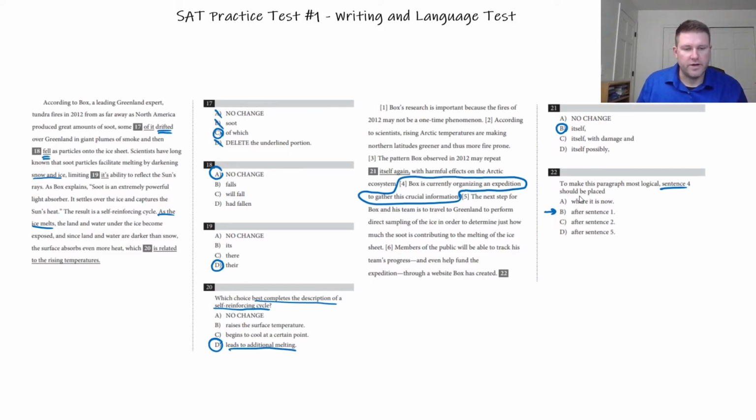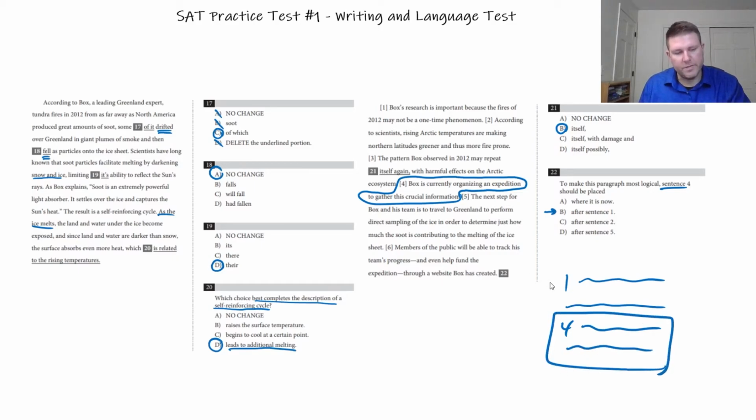Box is currently organizing an expedition to gather this crucial information. So the previous sentence must be mentioning whatever this crucial information is. That's going to be our main strategy in figuring this out, okay? So he's going to organize an expedition to gather this crucial info. Okay, so when we're going to test sentence one, we're going to read sentence one, and then it's saying you'll plug it in after. So read sentence one first, then go over and read sentence four.